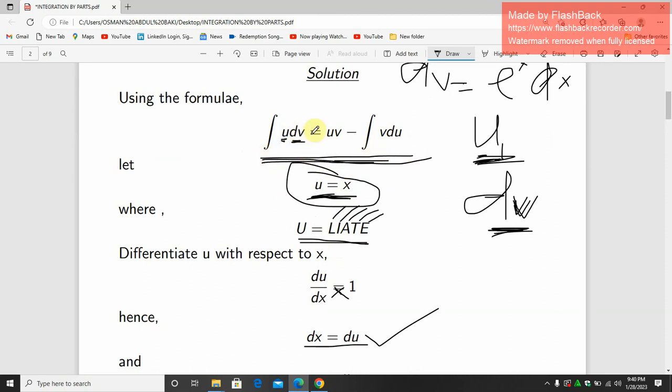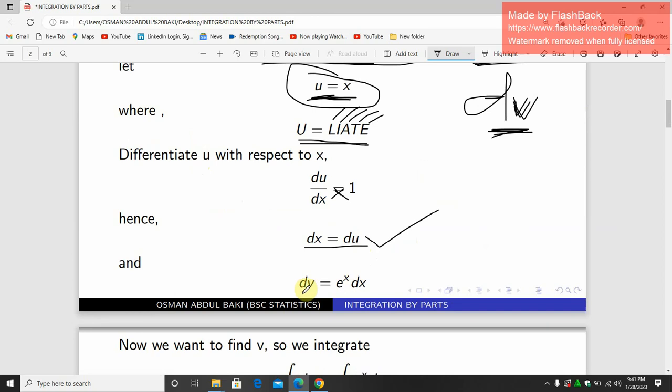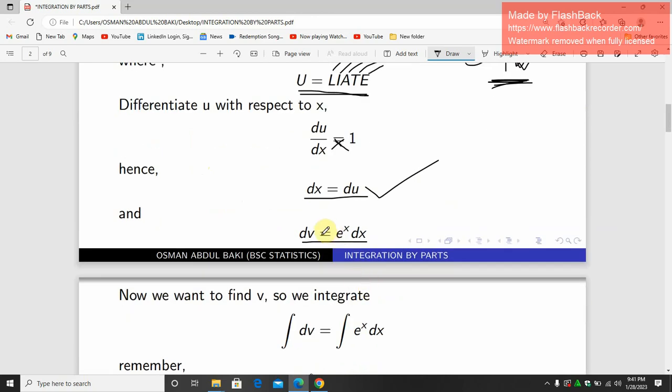Now let's come to dv. We already said that dv is equal to e^x times dx, because u was equal to x. Now dv is equal to e^x times dx, which is this one. So dv is equal to e^x dx, and here we want to find v. So how do you find v?